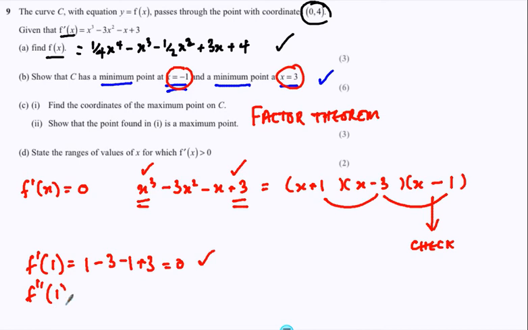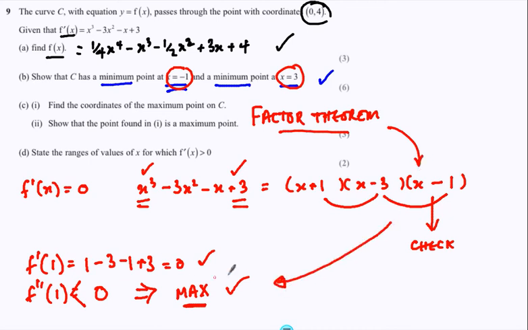And the second differential at 1, which I've missed now, I've lost it. I'm going to let you check that one, but you will find the second differential is less than 0, and that will imply we've got a maximum point. The factor theorem has given us the bracket, has allowed us to throw it in the formulas, and we've got our maximum point.